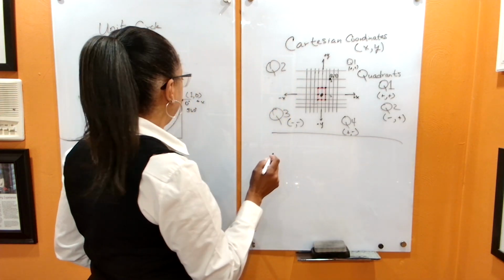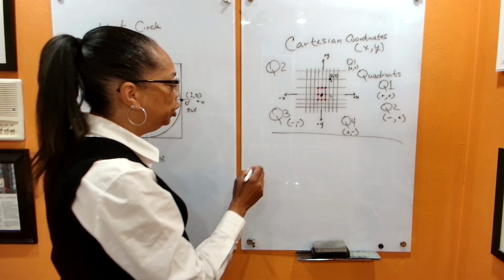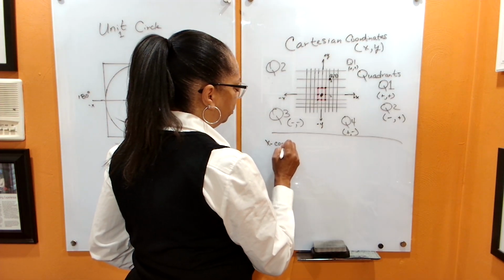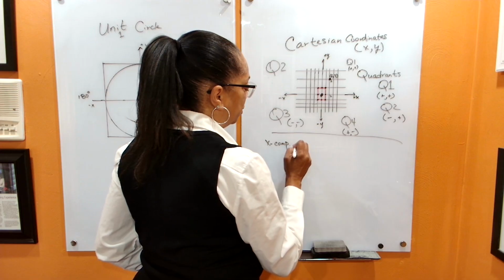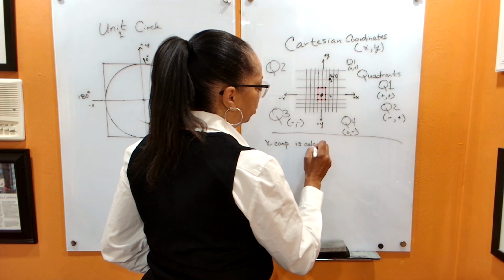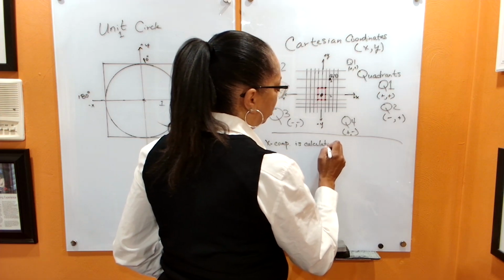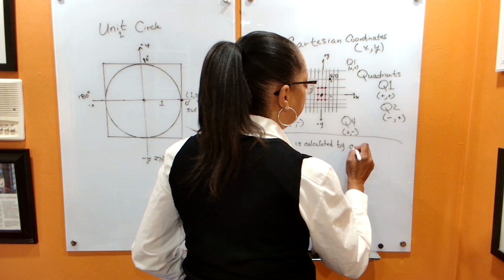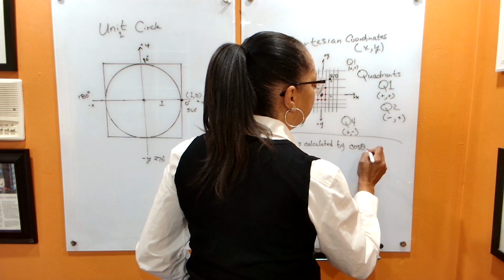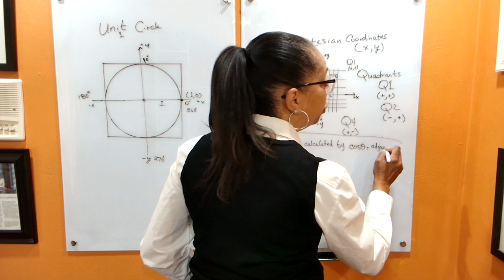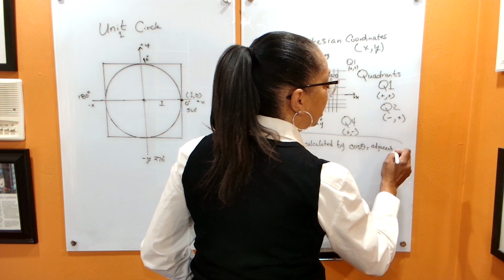But before I do that, I'm going to say our x component is calculated by cosine theta equals the adjacent, and I'll show you what that is in a second, side.